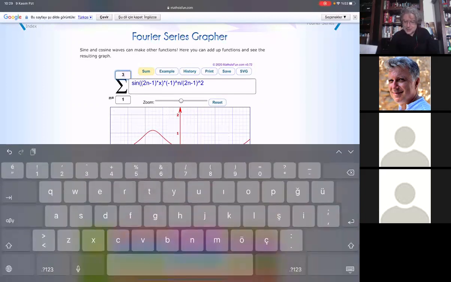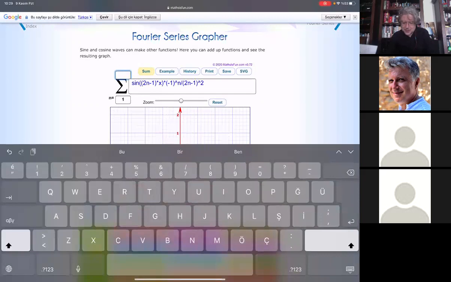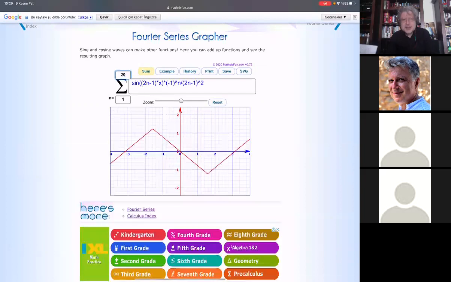But as soon as you go up to 10 or, let's say, 20, we can see that it is practically the same as the triangle. So it's very implementable by Fourier series expressions. It's very realizable. It converges very fast to a triangular waveform because there are no discontinuities. That is one of the reasons.